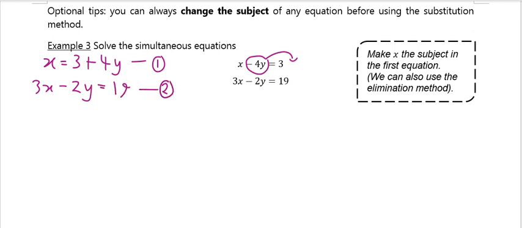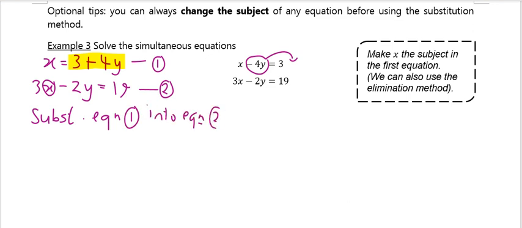Now you have to substitute the expression for x into the second equation. So substitute equation 1, I mean x, into equation 2. What you're going to have is 3 and then x will be replaced by 3 plus 4y, minus 2y equals 19.